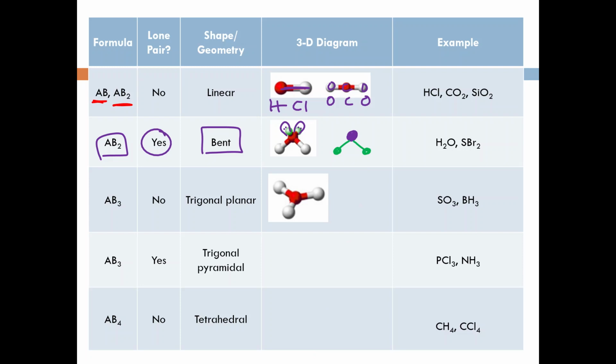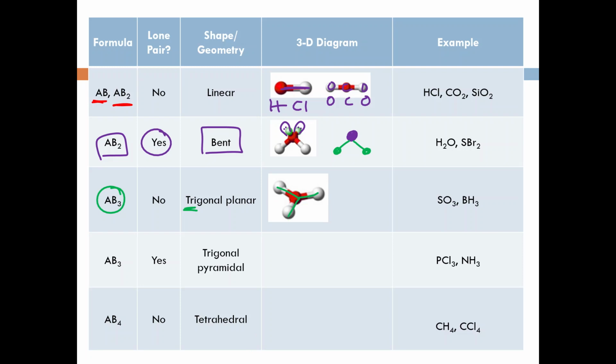Now, when you add on a third bonded atom, AB3, now you have three bonded. That's where that tri comes in here. We know tri means three, so at least three atoms would be attached, okay? It becomes a flat triangle, like so.